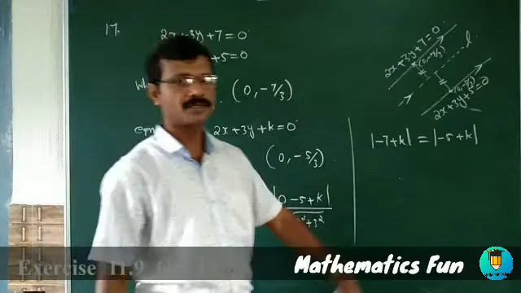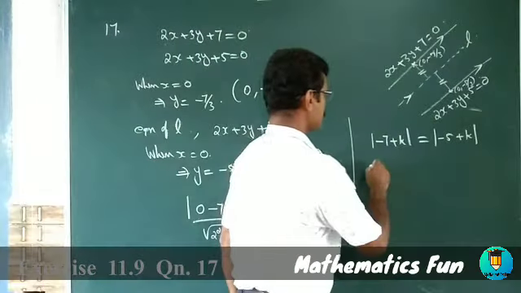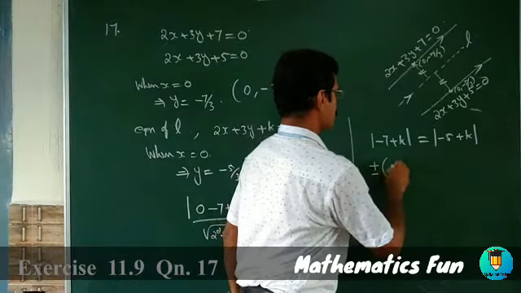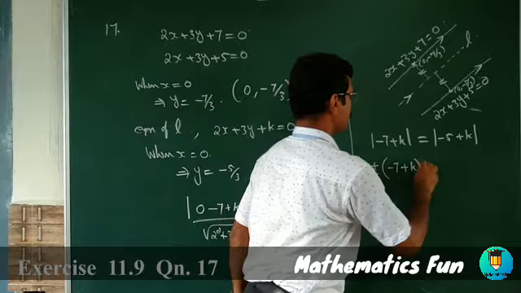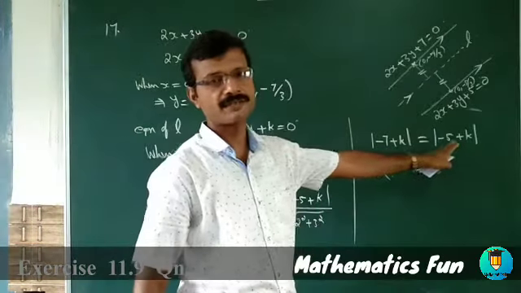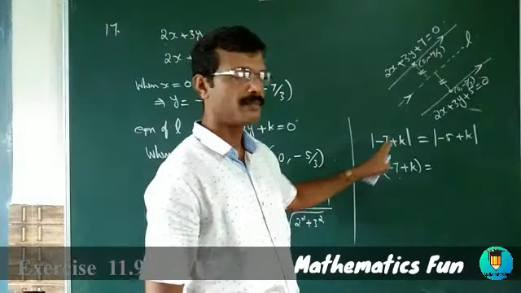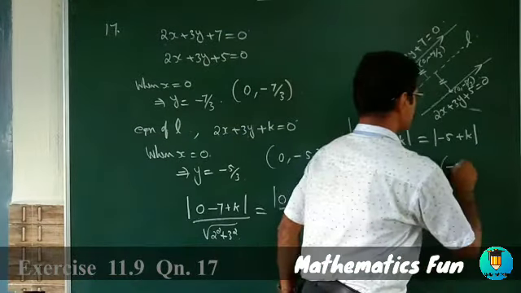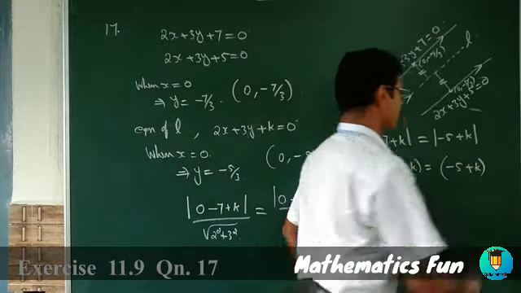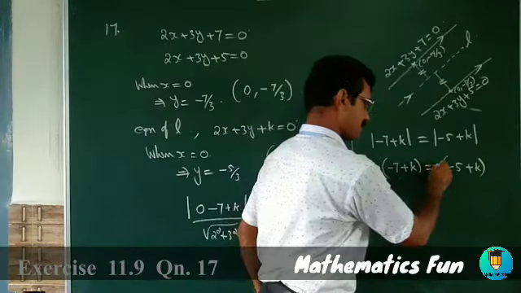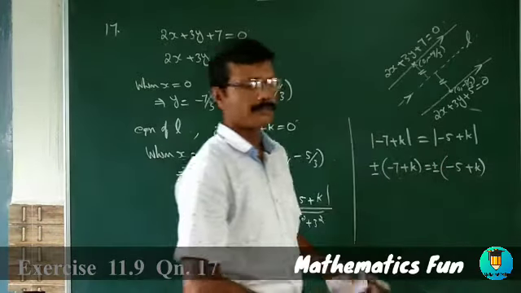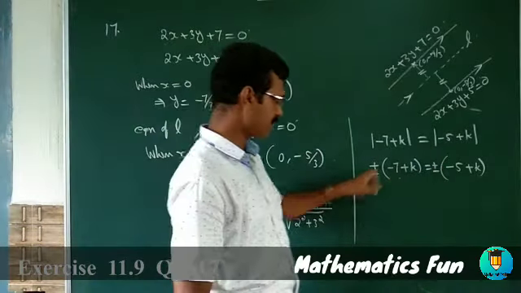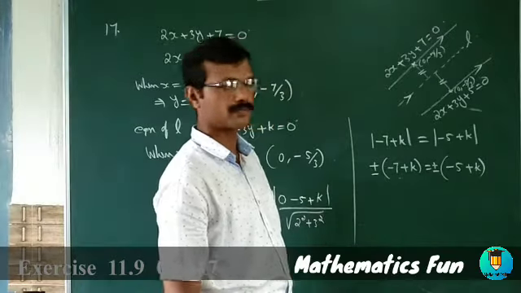Now replacing the absolute value sign, plus or minus will come, so there will be 4 possibilities. We cannot cancel plus minus from both sides.